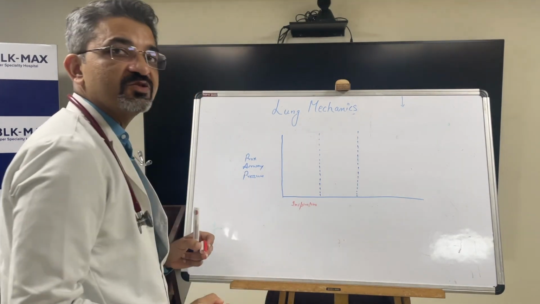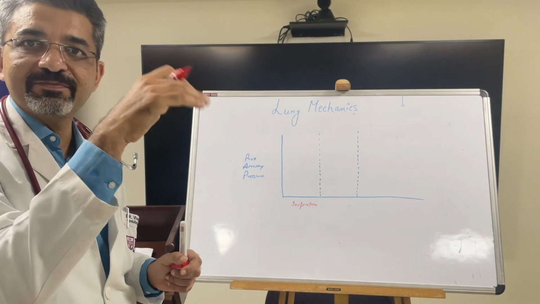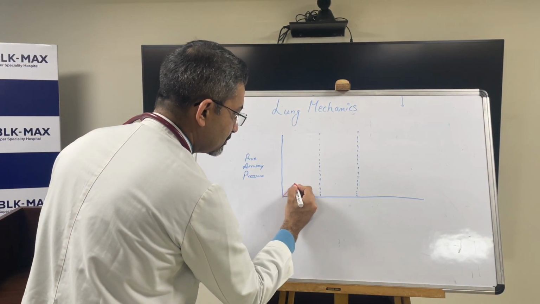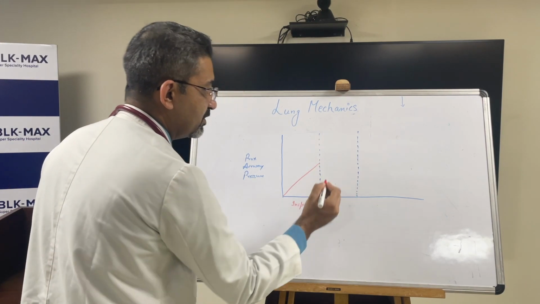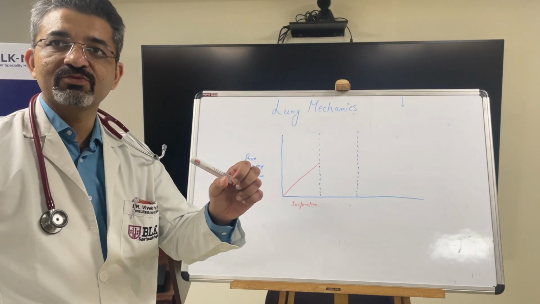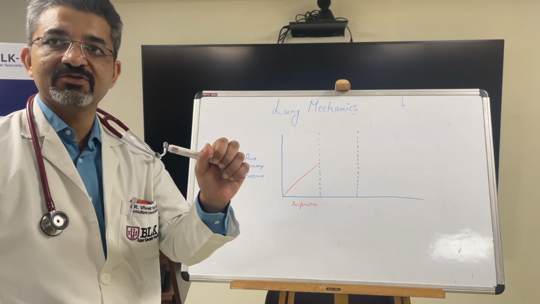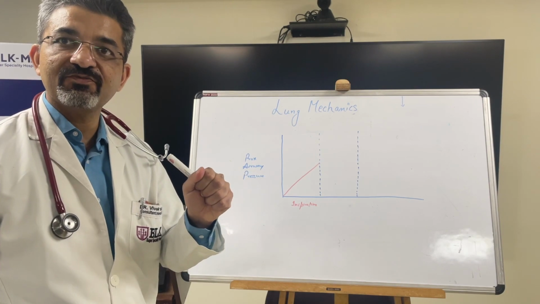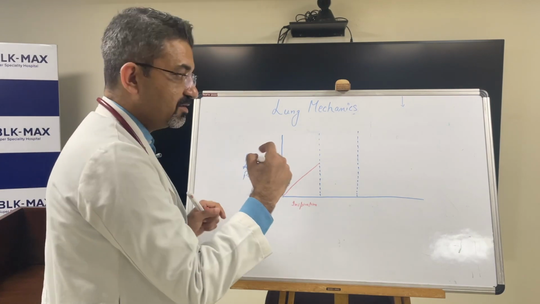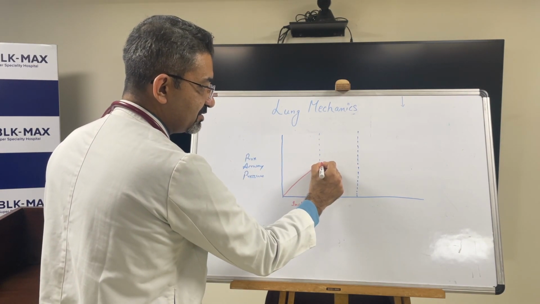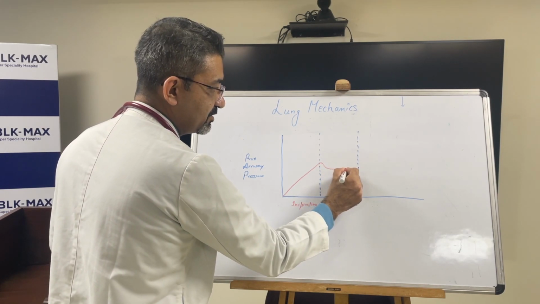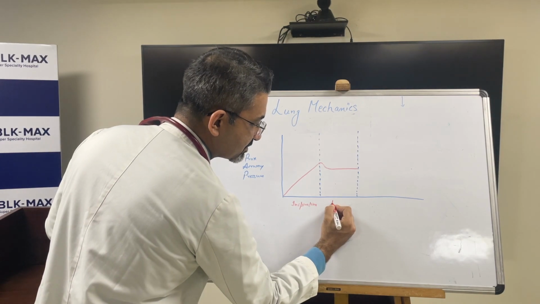As there is inspiration, the ventilator is applying pressure into the airway, so airway pressure starts increasing. It goes up, up, up. Here the maximum inspiration has taken place. Now you hold the tube. Suddenly you stop the flow of air into the expiratory circuit. What will happen? The flow ceases, but there is a pressure gradient, and then it goes like this. So this is the hold phase.